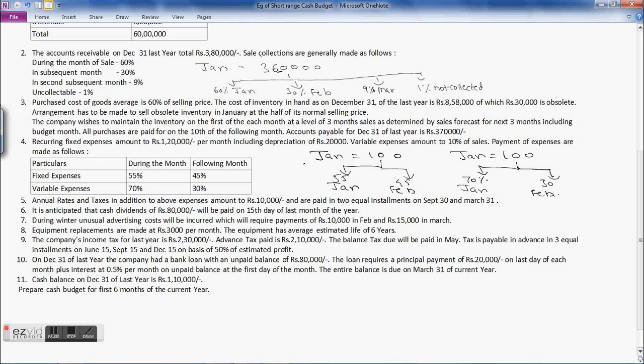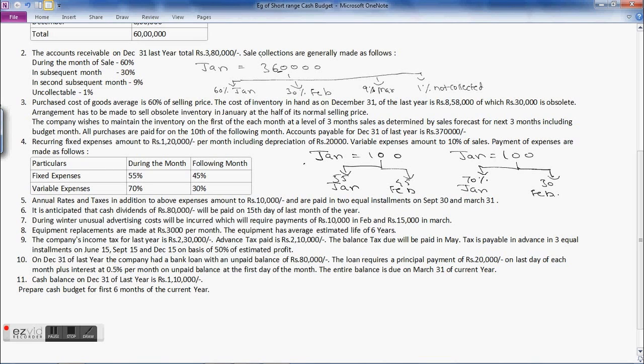On December 31st of last year, the company had a bank loan with an unpaid balance of 80,000. The loan requires a principal payment of 20,000 on the last day of each month, plus interest at 0.5% per month on the unpaid balance at the first day of the month. The entire balance is due on March 31st of the current year.